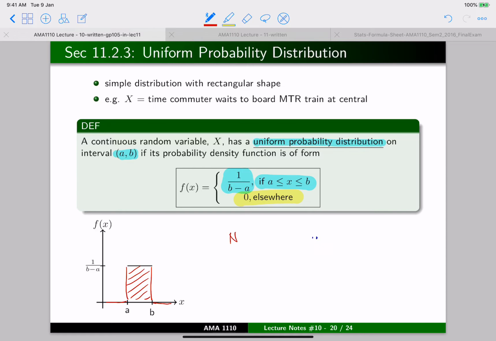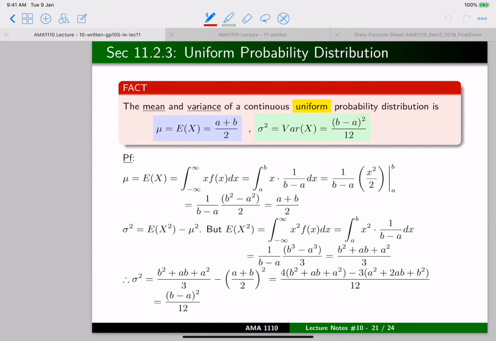So note that the area underneath the probability density function is equal to 1. The area under f of x from minus infinity to infinity is equal to 1.